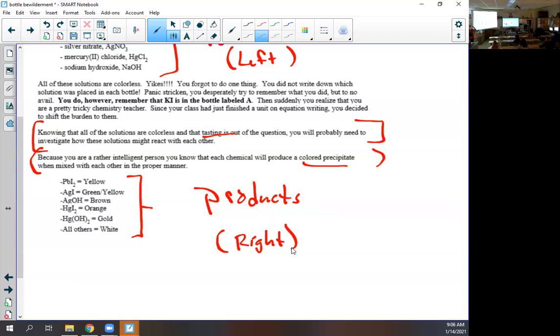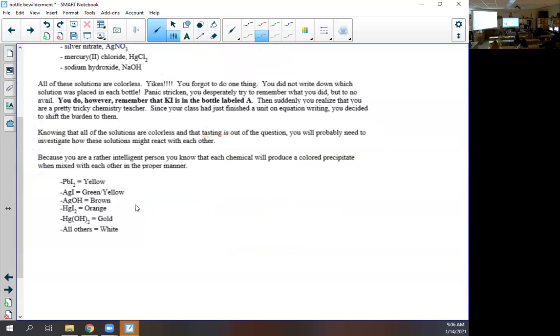It's this logic path we need to use real quick. We know that yesterday I made that yellow precipitate, right? So I'm going to say I had bottle X plus Y, and it made yellow. Just kind of think about this idea. What we would know is that yellow is PbI2. So I'm going to put this PbI2.